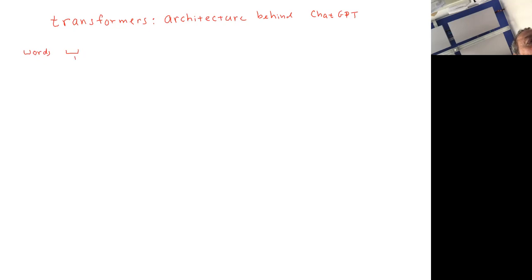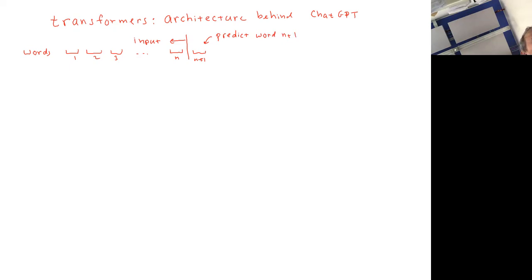This is word 1, 2, 3, word N. In the simplest version, this is the input, and they try to predict word N plus 1. Okay. Now, how might you do that in a network?